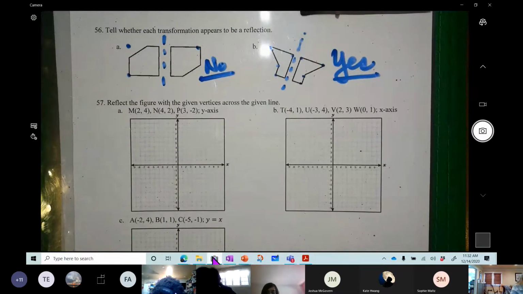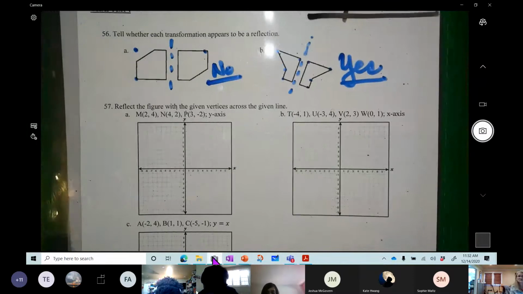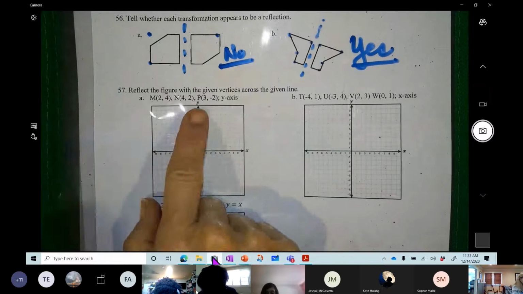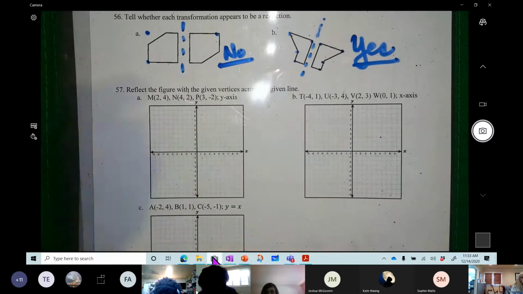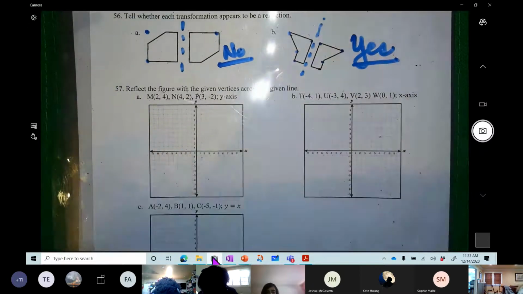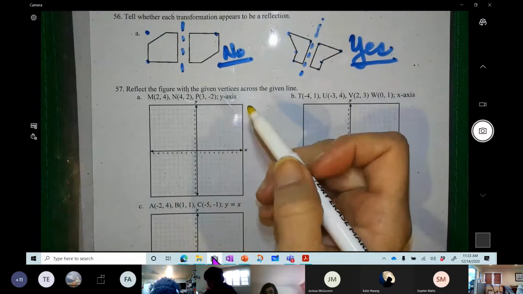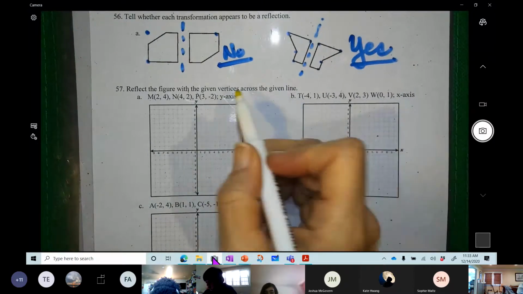Now, this one I'm going to do in 2 different colors. And the first thing I'm going to do, it says reflect the figure with these vertices across the given line. Now, this given line is the y-axis, and I sometimes get distracted and I forget where I'm reflecting over.